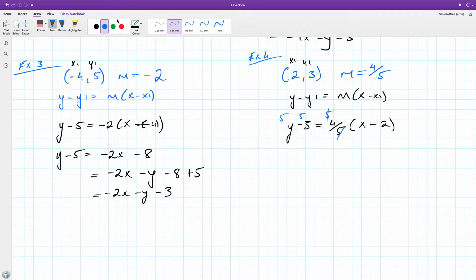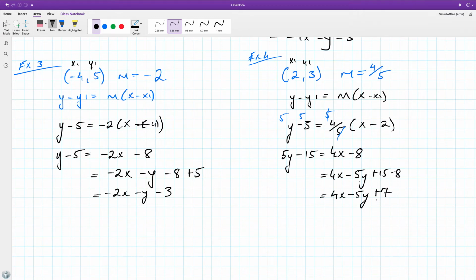Is that okay? So then you're going to say 5y minus 15 is equal to 4x minus 8, is equal to 4x minus 5y plus 15 minus 8, is equal to 4x minus 5y plus 7.